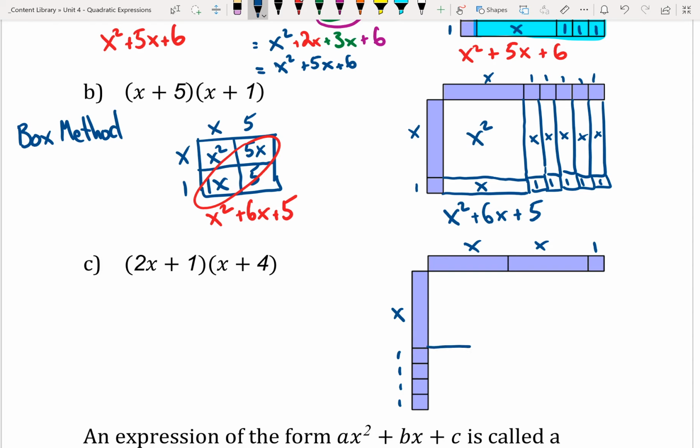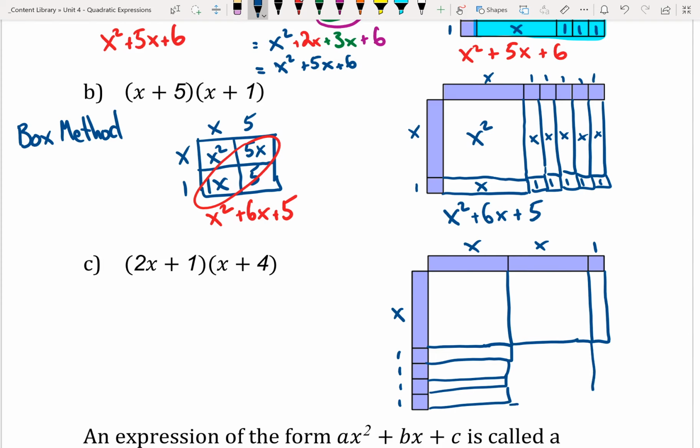When we go through and we make our boxes, or we make our multiplication, we get 2 large squares. We get 4 rectangles down there, and we get another 4 over here. And then we get a bunch of small squares.